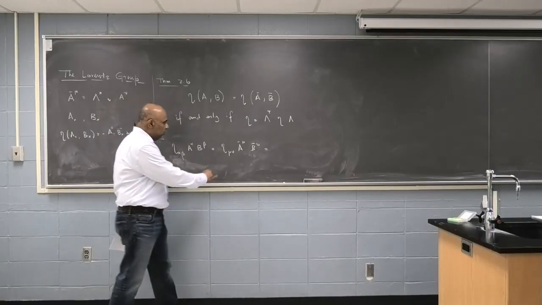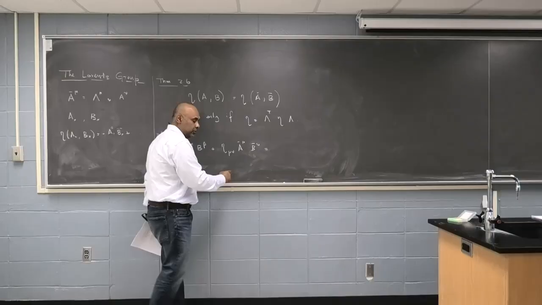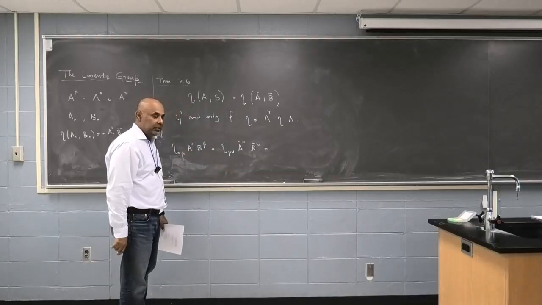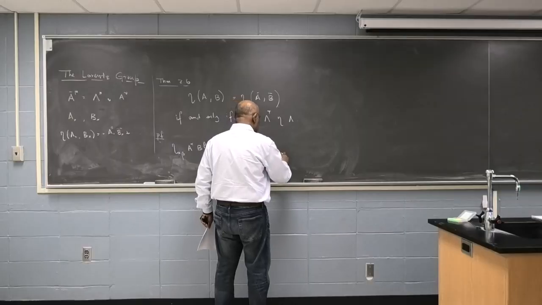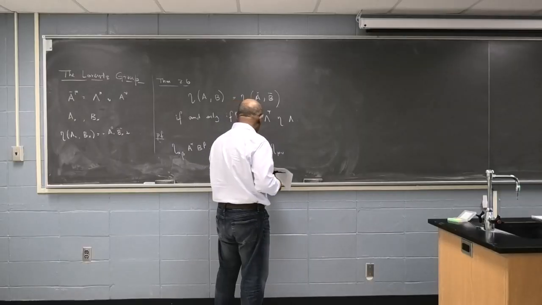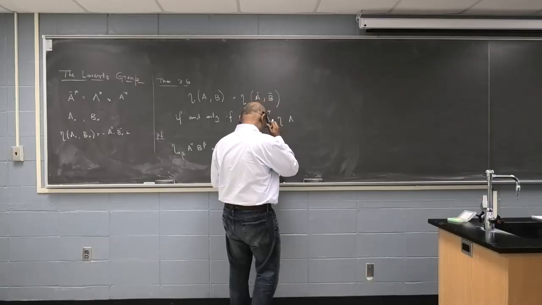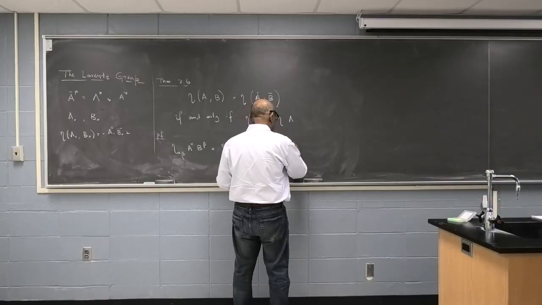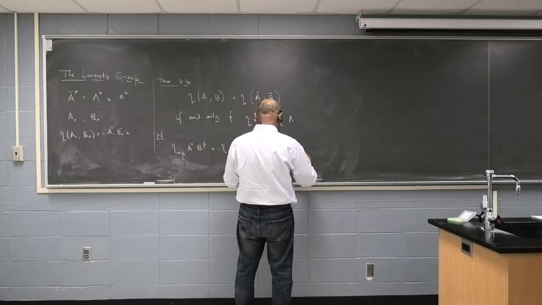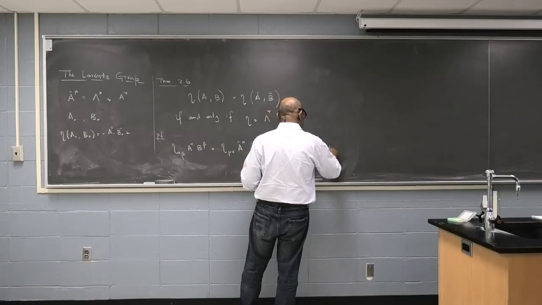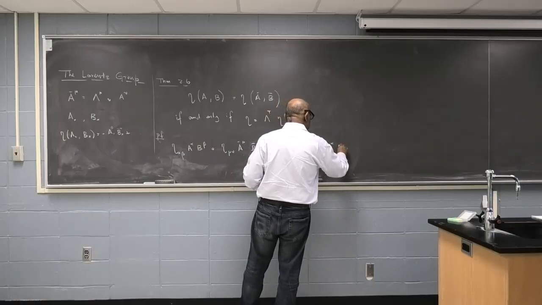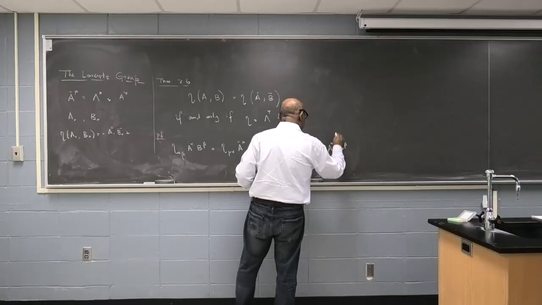Now what I'm going to do is get rid of the bar so that I can see what happens to all the matrices. When I get rid of the bar, I would have lambda mu alpha and lambda mu beta A alpha B beta.